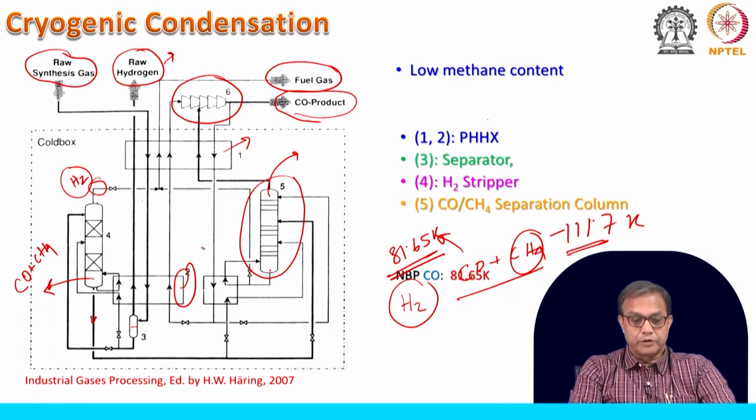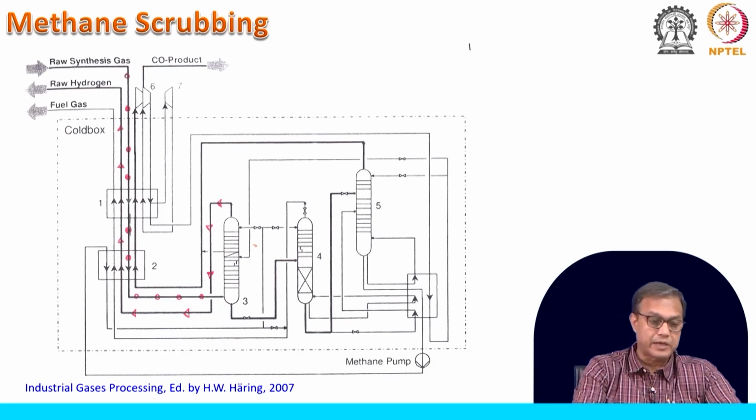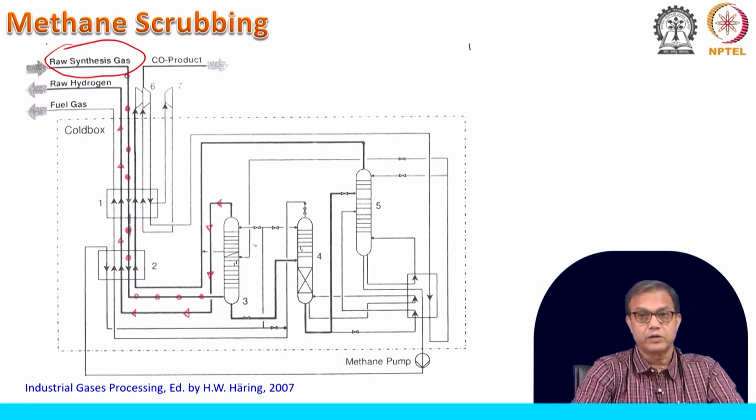Okay. So, now let us go back to our discussion on the other part, where we have talked about the methane scrubbing being necessary, where we have slightly higher methane content in the raw synthesis gas. That means this raw synthesis gas is basically the CO plus H2 along with methane.